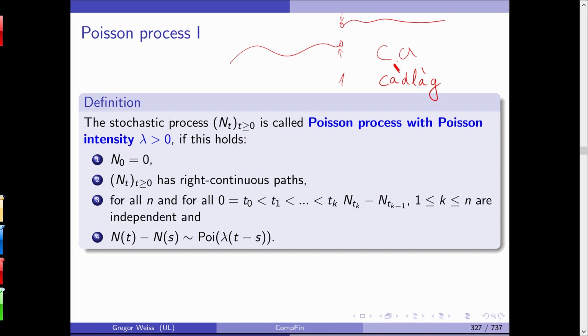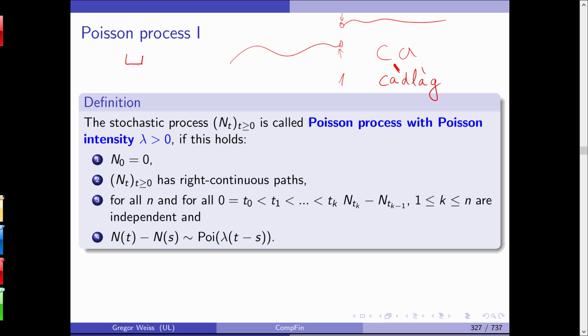So the increments, the changes in the process, those should be independent, and N_t minus N_s is distributed according to a Poisson distribution with lambda as a parameter depending on t minus s. So we have a Poisson distribution with a parameter lambda, and lambda is a function of the lag t minus s, so the difference in time between those 2 points.